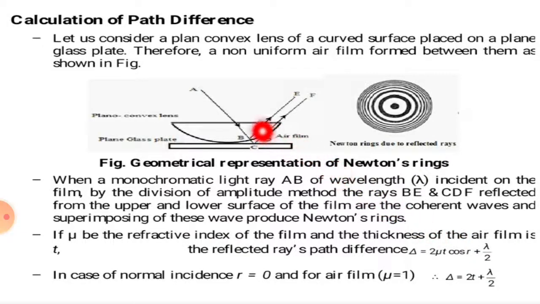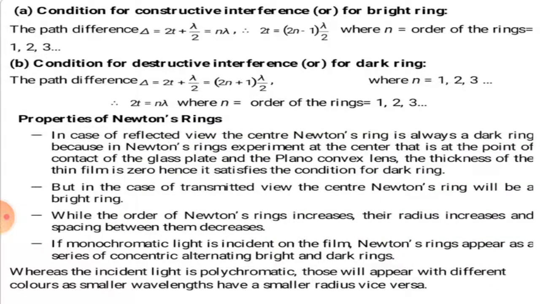Here the light rays are superimposed in an air film. For air film, mu is equal to 1 and cos r is equal to 1. Hence, the resultant path difference delta is equal to 2t plus lambda by 2. So, this is the path difference between the light rays reflected at the upper and lower surfaces of the film. Now we will find out the conditions for bright and dark rings.